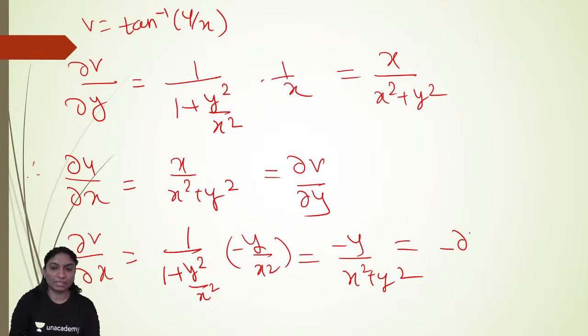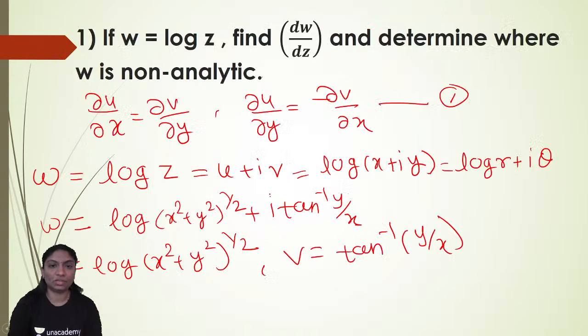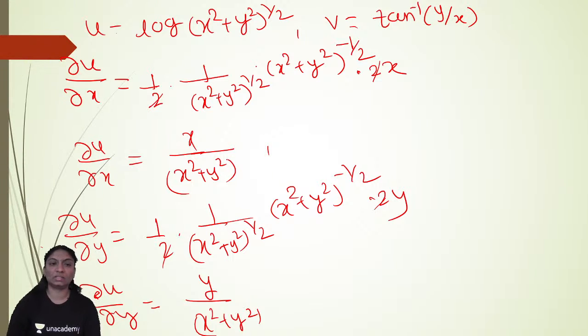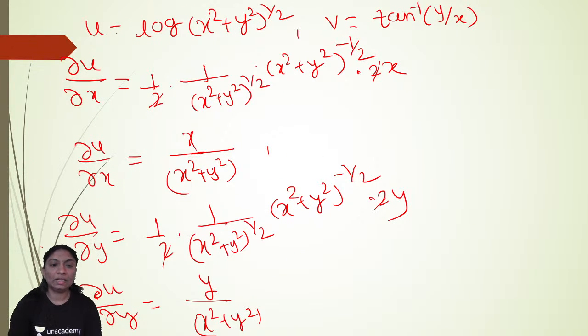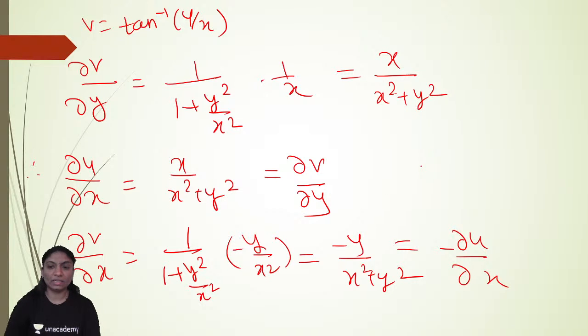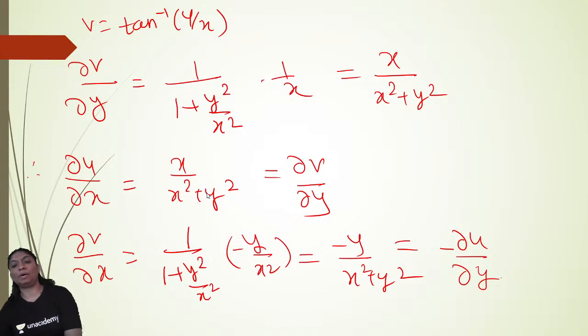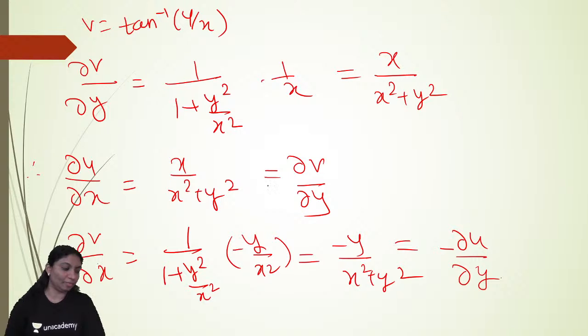This is nothing but minus ∂u/∂y. So if you observe here, ∂u/∂x is equal to ∂v/∂y, which is x upon x square plus y square, and ∂u/∂y is equal to minus ∂v/∂x. So ultimately ∂v/∂x is equal to minus ∂u/∂y.